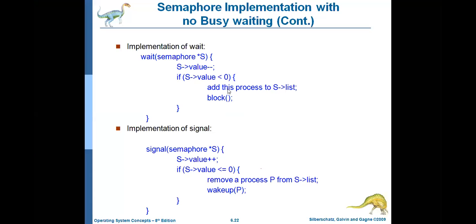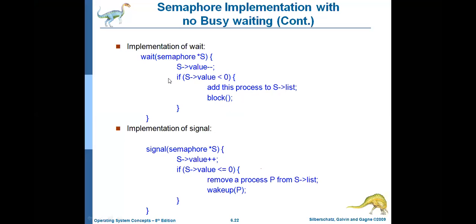Likewise, all the processes who are trying to perform the wait operation on the semaphore, when the value is less than 0, are automatically added to the list and those processes are blocked. Up to what time will the process be blocked?